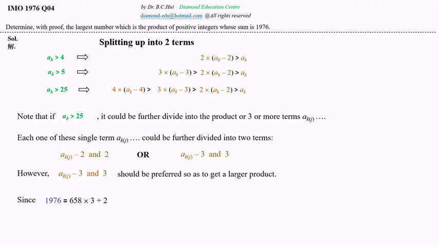Since 1976 contains a number 658 of threes plus 2, the largest such product we could obtain is the value 3 to the power 658 times 2. And this is the answer.